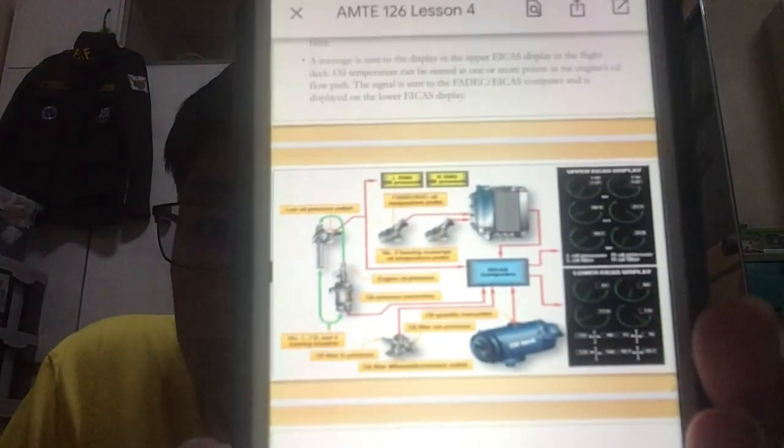So, meron tayong picture na ito. Yan. Sa picture, ang parts na meron ay low oil pressure switch, number 1 and 1 half, and 2 bearing, breather, oil filter inlet pressure, oil filter differential pressure switch, oil filter out pressure, oil quantity transmitter, oil pressure transmitter, engine oil pressure, number 3 bearing scavenge, oil temperature probe, FADEC, EEC oil temperature probe.